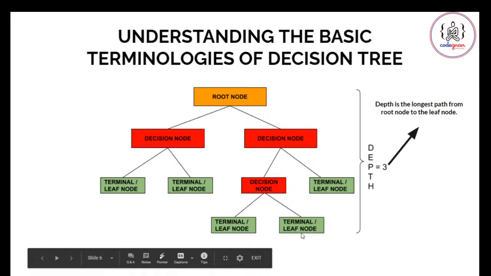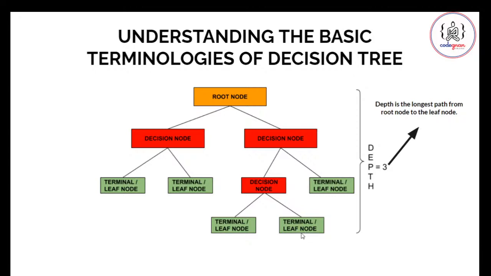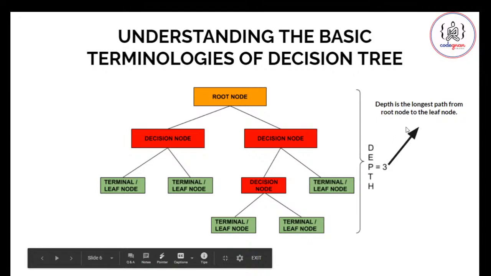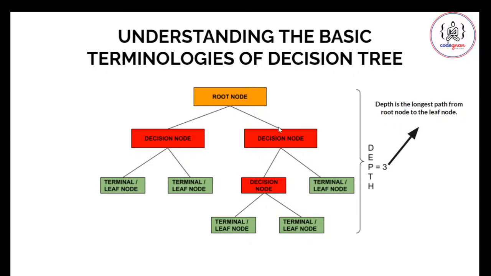That longest path is our depth. Here this is the first, then second, then this is the third. So depth of the tree is 3 here. This is your depth, the longest path from root node to the leaf node.